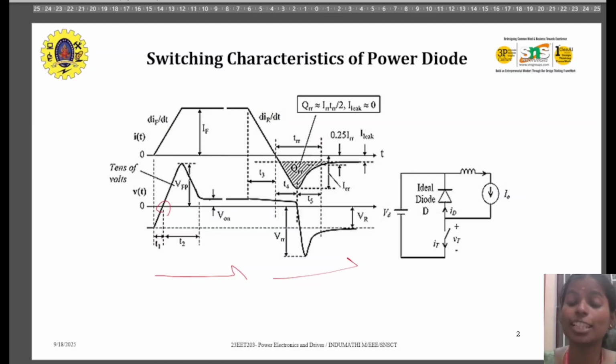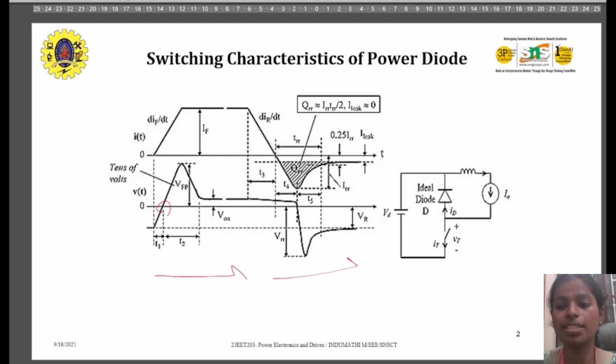So what are the factors that affect reverse recovery? One is junction temperature. There will be some junction temperature already there, so it does not allow the device to switch off immediately. Next, doping level and device structure. Next, rate of fall of current. So these are the factors that affect the reverse recovery of a diode.